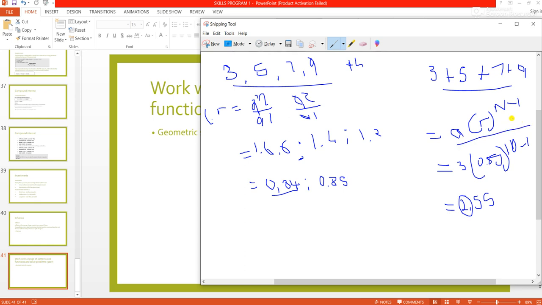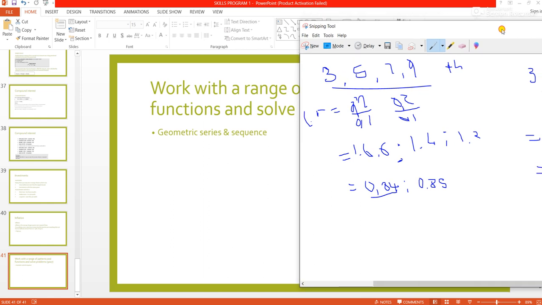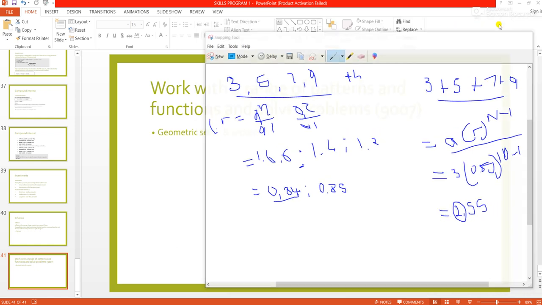This is the formula for finding the nth term. So that's the difference between these two, within these two geometric series and sequence. So now we'll move on to your learner guide.